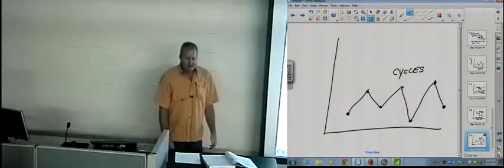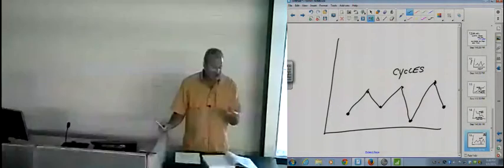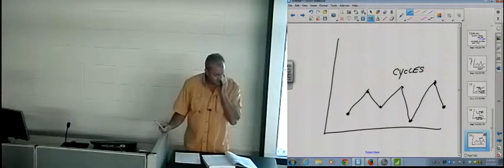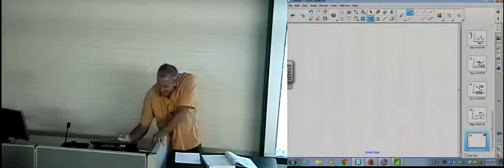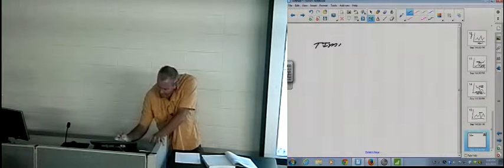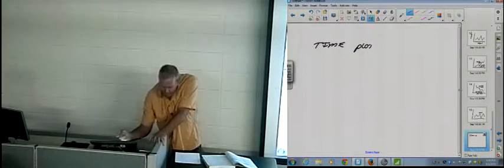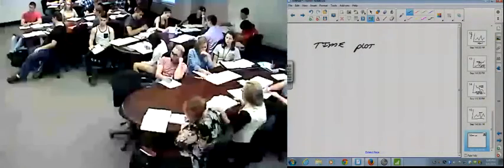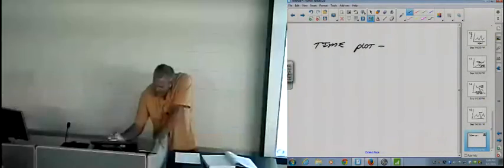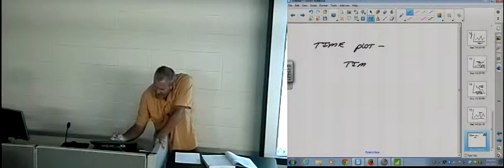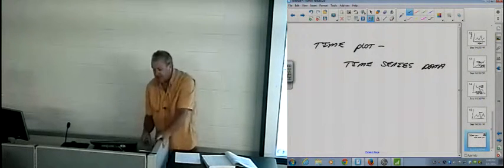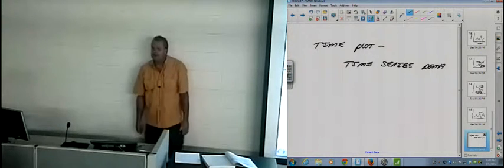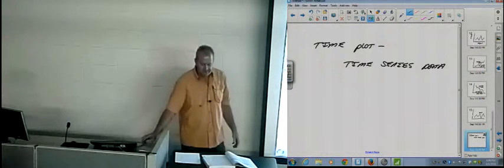Okay? Now, here's my last thought for this chapter. A time plot. When you think about a time plot, you think about something called time series data. Oh, I'm going to give you the translation because that's the statistics term. What you have is this.